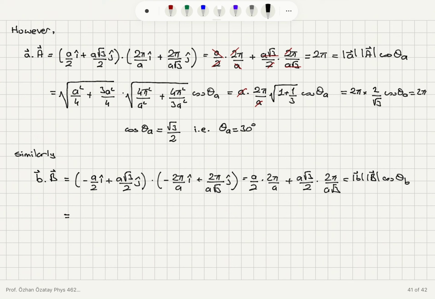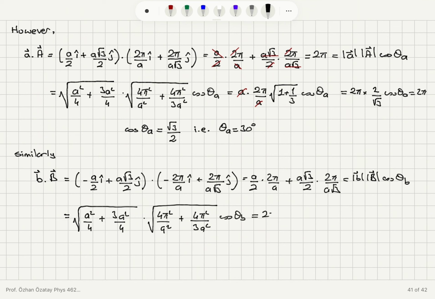So this will be equal to square root of A square over 4 plus 3A square over 4, magnitude of B vector, magnitude of capital B vector, 4 pi square over A square plus 4 pi square over 3A square, cosine of the angle between them.